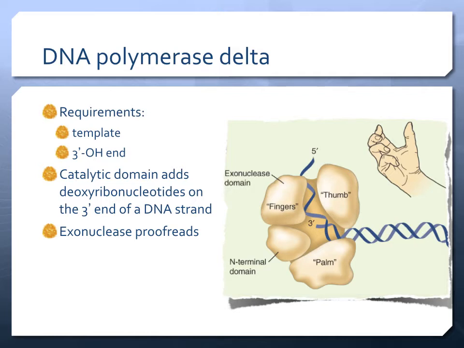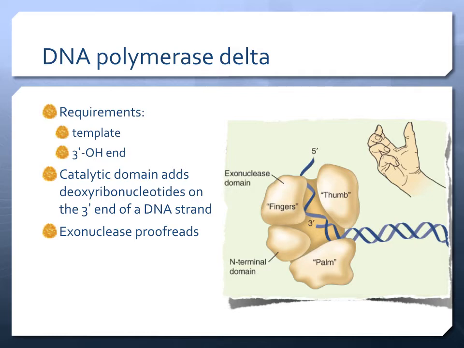So if in the template you have a T, then the nucleotide chosen for the addition in the growing strand will be an A. It also needs to have a 3' end or an OH available to be able to add the new nucleotide. And this is the nucleotide just before the newly entering nucleotide located in the same strand.